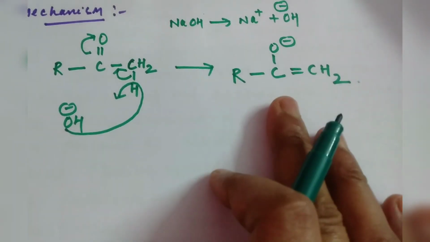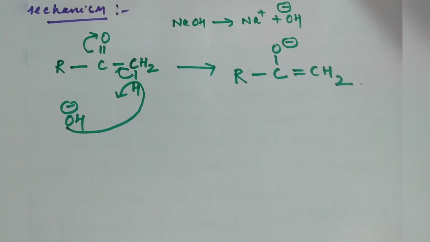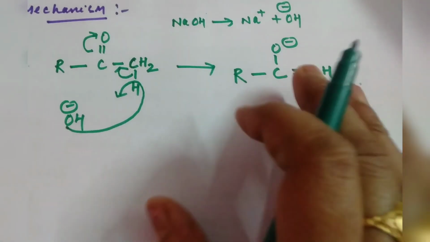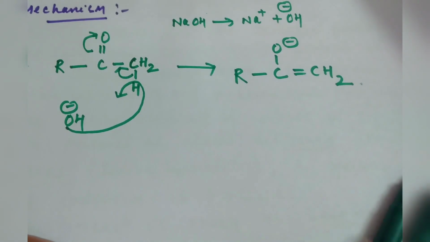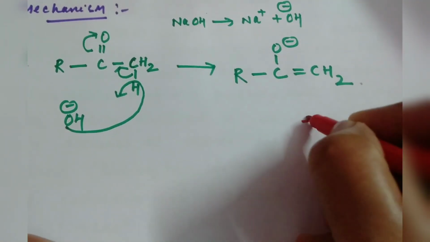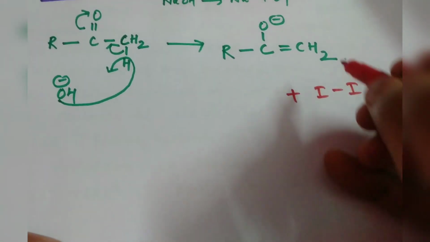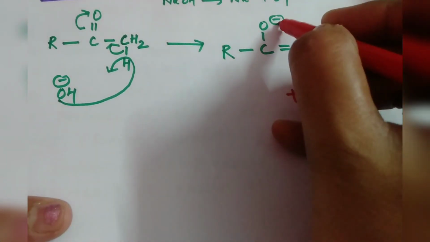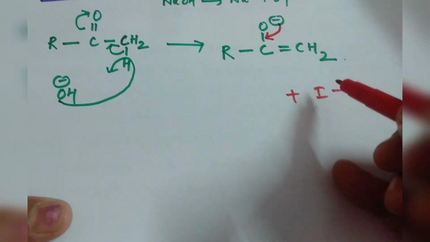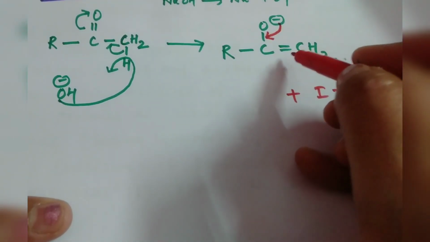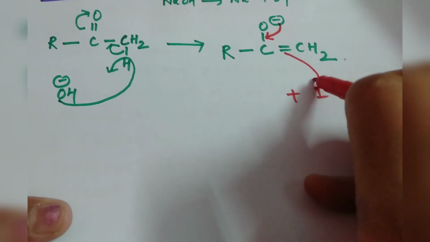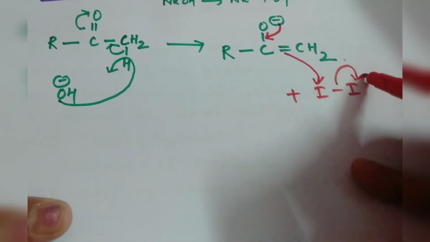Okay. Now to this we know that addition of an iodine molecule takes place. Okay. Now if I add one iodine molecule here, plus I2, that is I-I. Okay. And if this bond goes to this position and this bond becomes shifted to this.